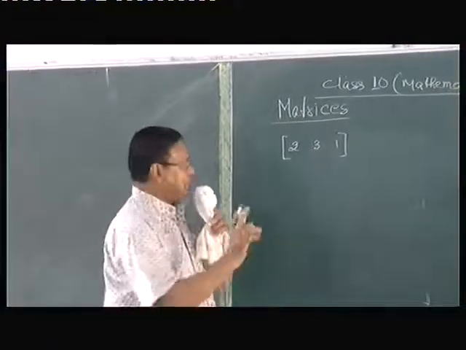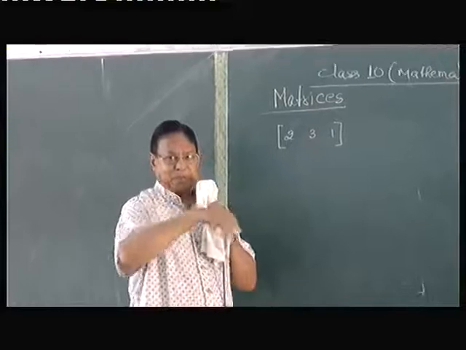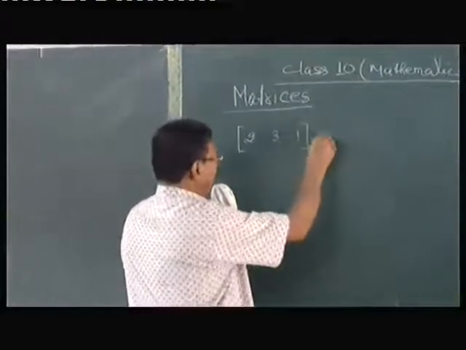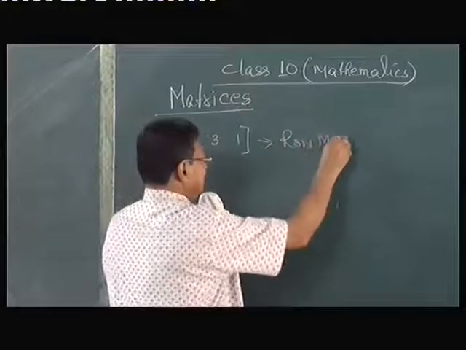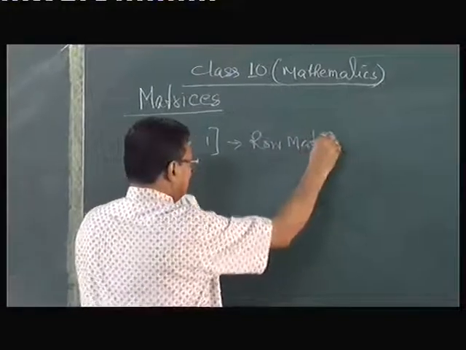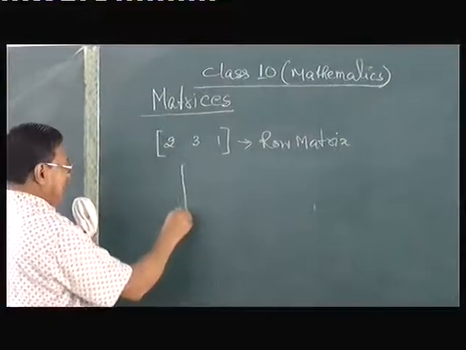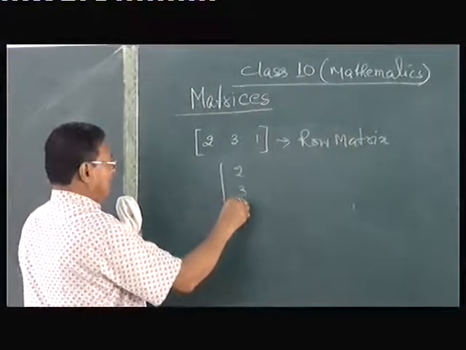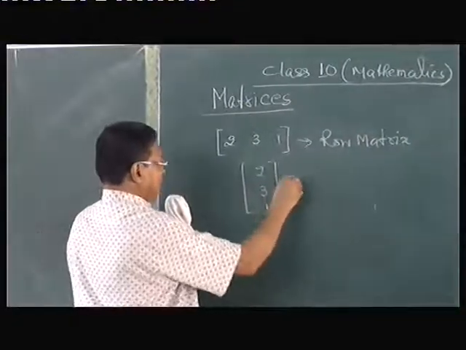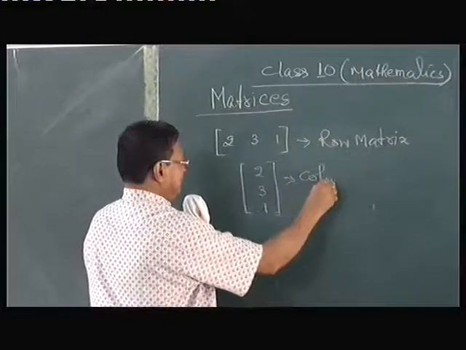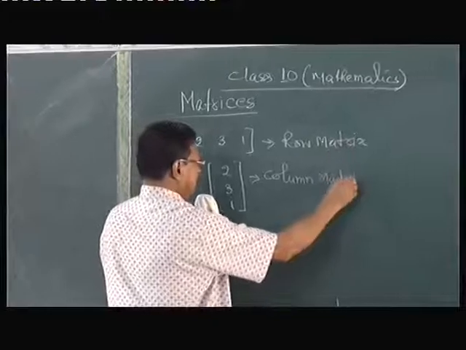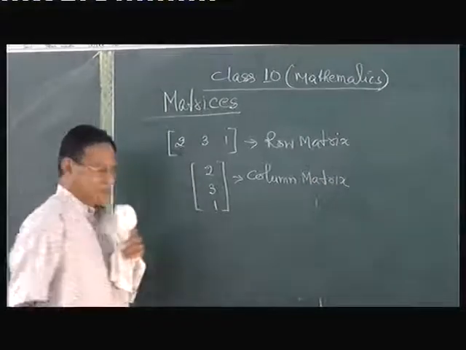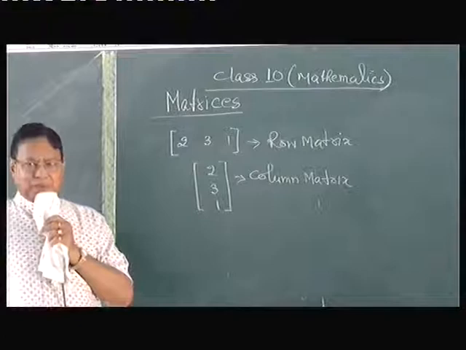Okay, it's not that there's only one row; it has to have rows and columns. But if there's only one row, it is called a row matrix. If it has only one column, it's called a column matrix. So, row matrix, column matrix.